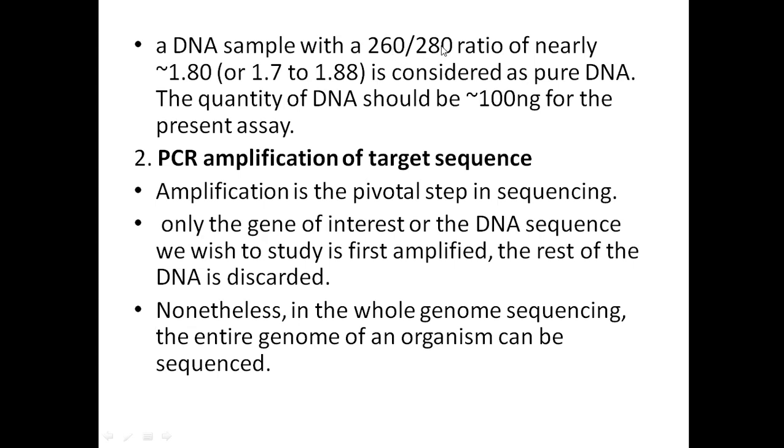The ratio of the values between 260 nanometer and 280 nanometer should be approximately 1.8. If this ratio is around 1.8, then the DNA is of high quality. At the same time, we should have an adequate quantity of DNA as well. A minimum of 100 nanograms of DNA is needed.